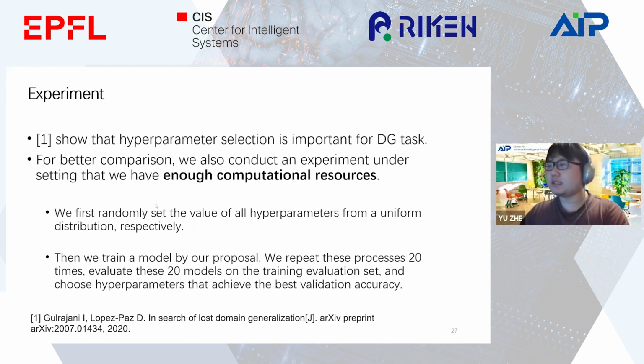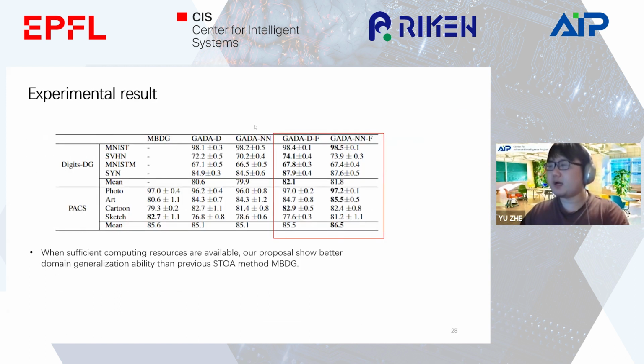And with the fine-tuned hyperparameters, here the F refers to fine-tuned, we can find the performance of our proposals increases very significantly. Also, compared with the state of the art, our proposal GADNN can achieve better performance than the previous state-of-the-art method MBDG under these settings.